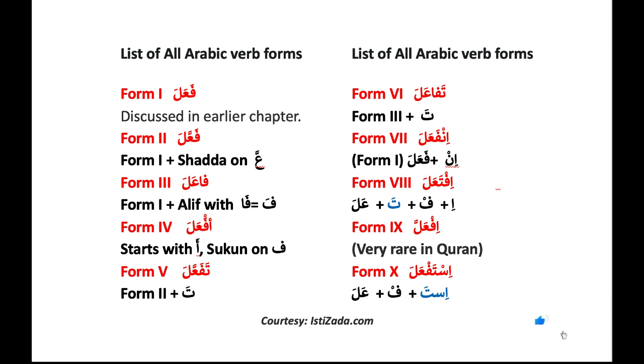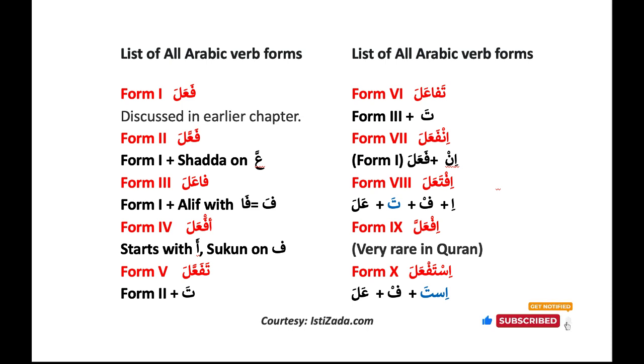Form 9, which is less used, it's if'alla. Again, alif with kasra is at the beginning, and the lam kalima has taken shadda with fatha, making it if'alla. Finally, form 10, istaf'ala. You can see the word ista: alif with kasra, sin with sukun, ta with fatha. Ista is one unit. Ista is added before fa'ala, but fa has taken a sukun after ista.